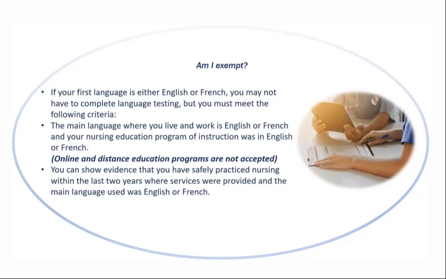The main language where you live and work must be either English or French, and your nursing education program of instruction was in English or French. You must also be able to show evidence that you have safely practiced nursing within the last 2 years where services were provided and the main language used was English or French.